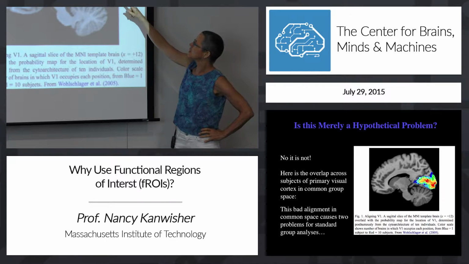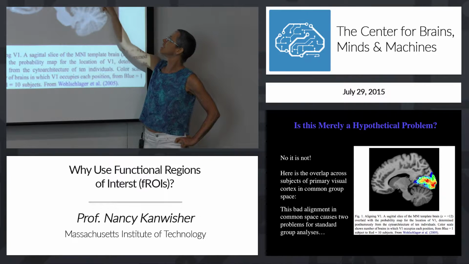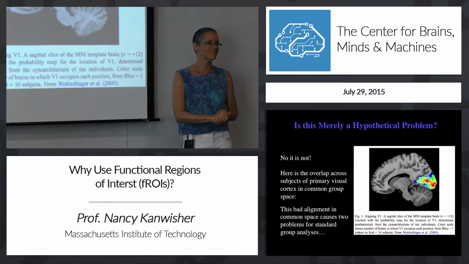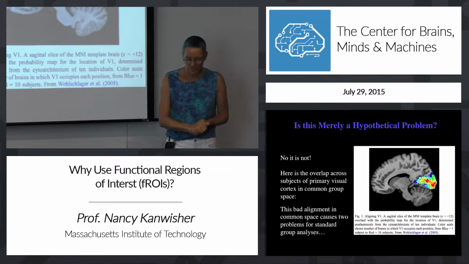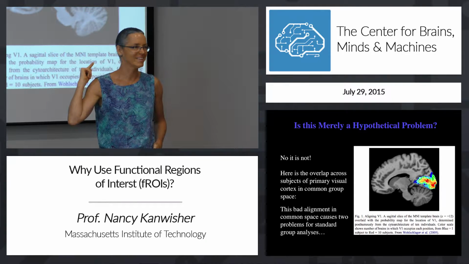Doesn't matter. The point is that in this common space, you'll get only a tiny bit of brain in which all 10 subjects have V1 or primary visual cortex in that location. So if you wanted to study primary visual cortex, this would be a lousy way to do it, right? It just wouldn't work very well.